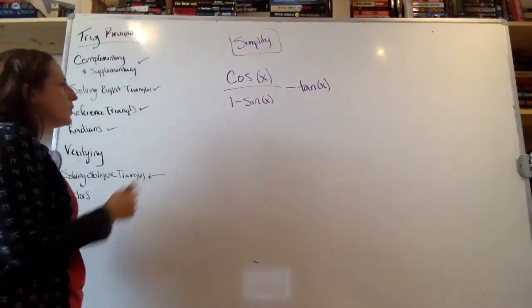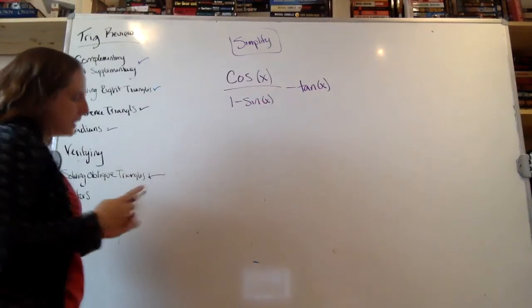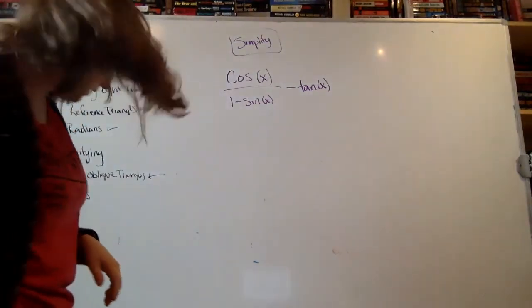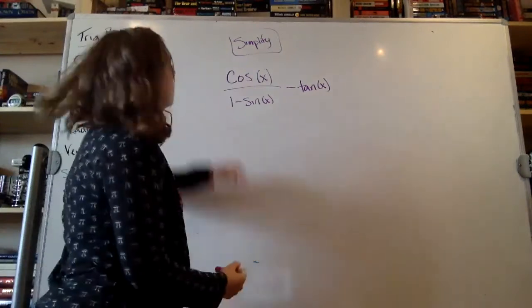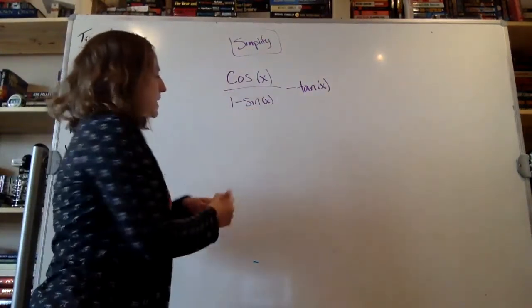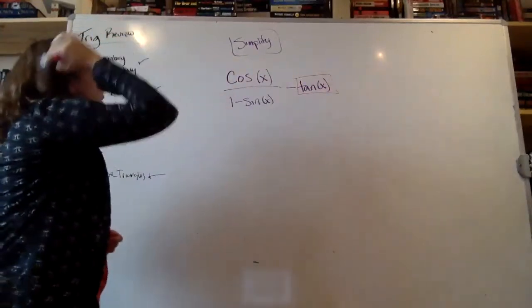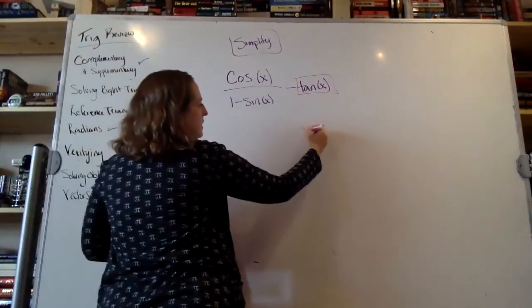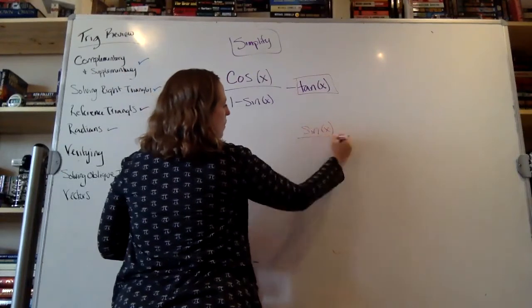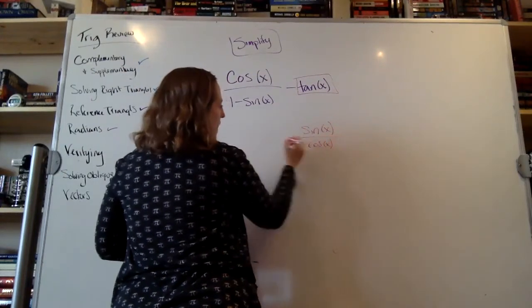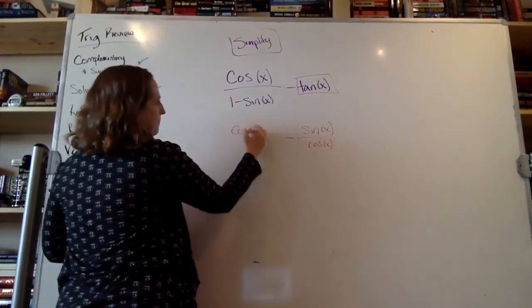Okay, so remember one of our biggest techniques is to rewrite things in terms of sines and cosines. Well, this is in cosine, this is in sine, so let's go ahead and rewrite this tangent. So I'm going to rewrite tangent as sine over cosine. Everything else stayed the same.